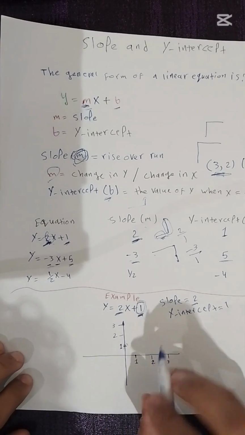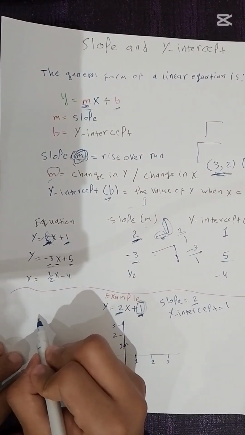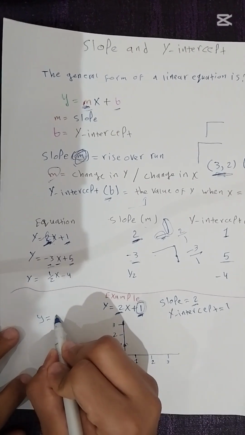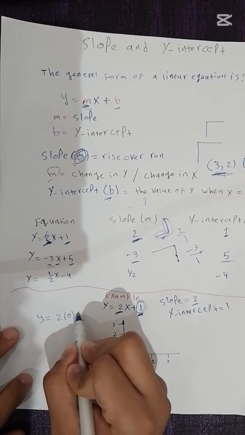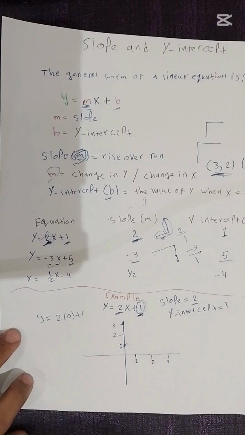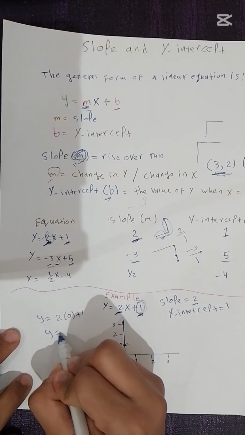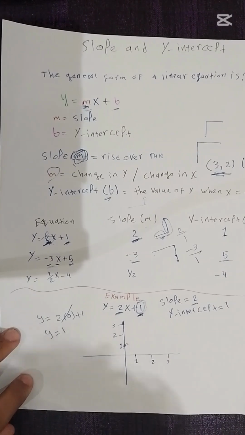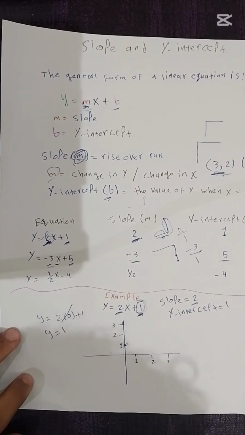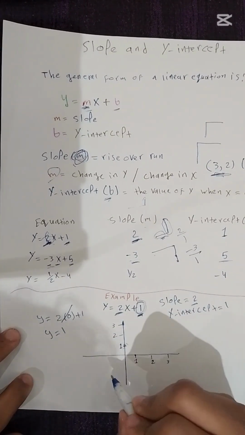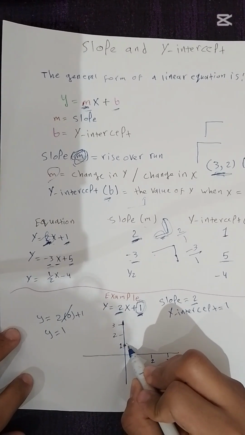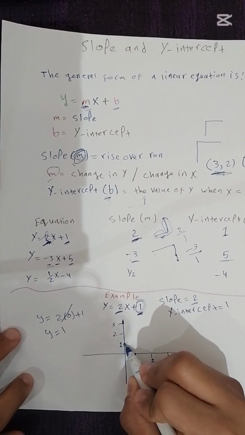Substitute the x with 0, so y equals 2 times 0 plus 1. Every number multiplied by 0 is 0, so y equals 1.